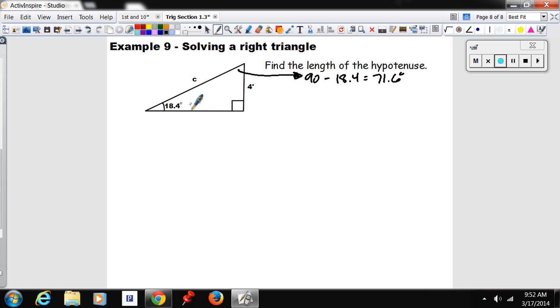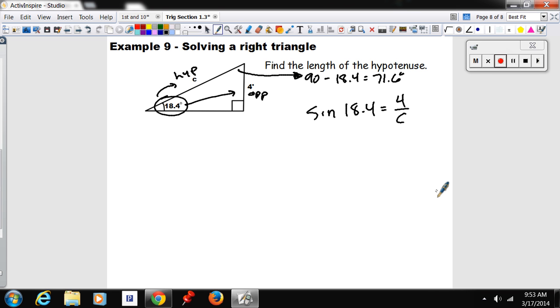So I'm going to use the 18.4, and this is my opposite. This is my hypotenuse. Could I have used the 71.6? Yeah, but then I would have adjacent over hypotenuse, and I'd have to use cosine. I'd rather use the sine, so I'm going to use the 18.4. So sine of 18.4 equals the opposite 4 over the c. Now, what happens when the c is on the bottom?